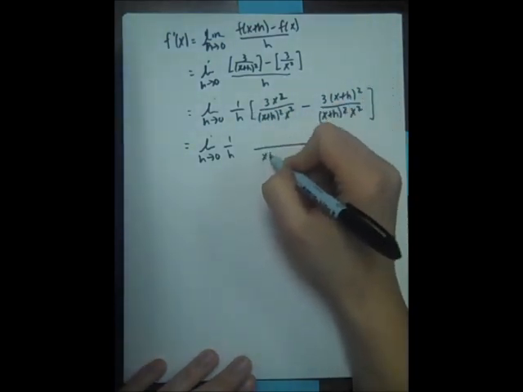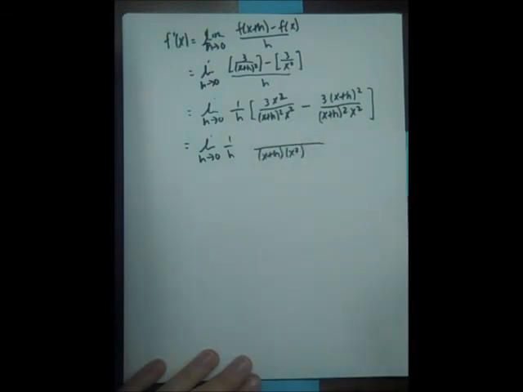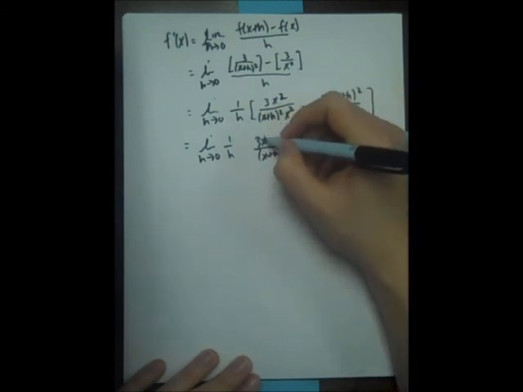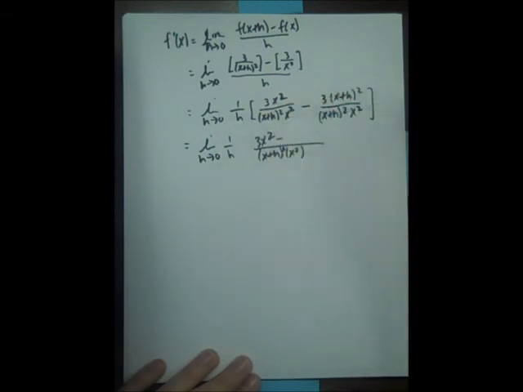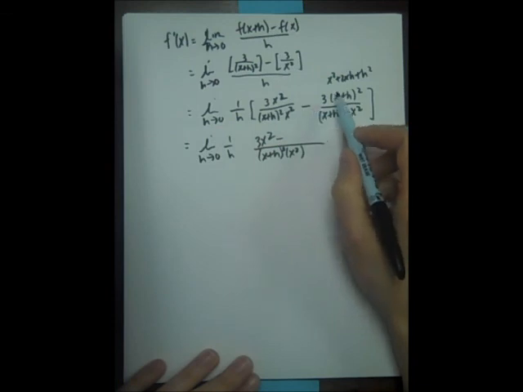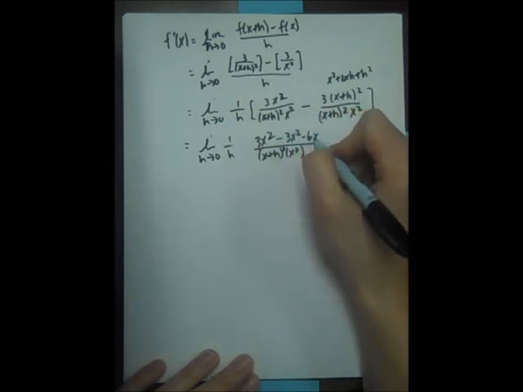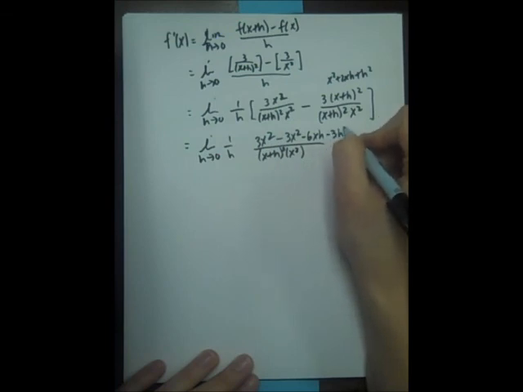So my denominator was (x plus h) squared times x squared. Should be a squared here. And then I have 3x squared minus 3 times (x plus h) squared, where (x plus h) squared is x squared plus 2xh plus h squared. When I distribute this minus 3, I'll have minus 3x squared minus 6xh minus 3h squared.